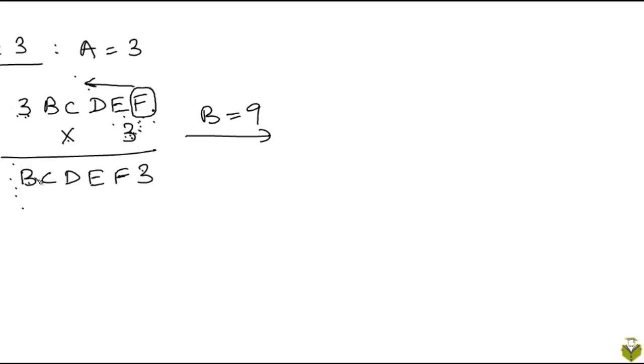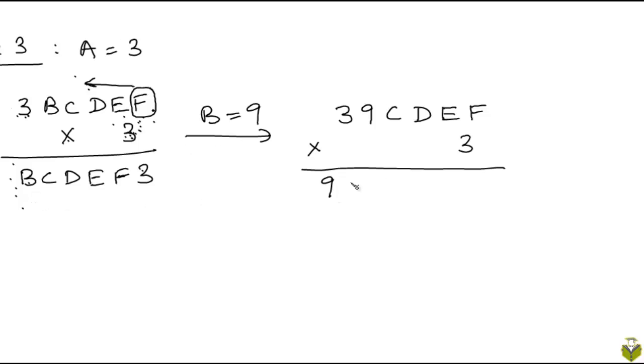That is, this letter must be representing a 9. So let's see what happens if we substitute B by 9. 3 9 C D E F, and we kind of determined that F would be 1, but let's ignore that for now because we are not going to need it. B is 9, so we have 9 C D E F 3.